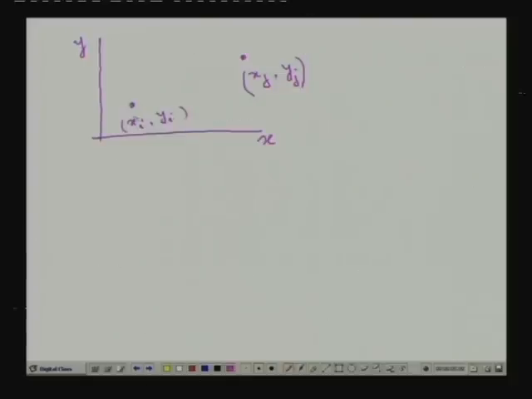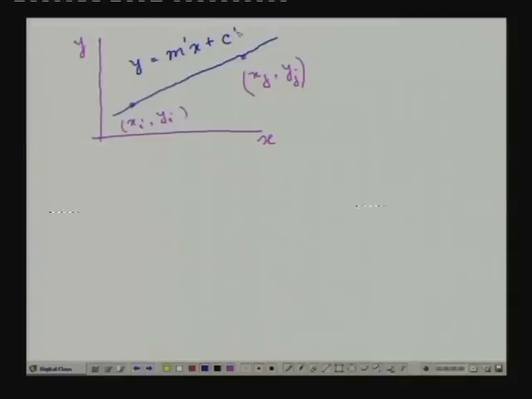Now, if I draw a straight line passing through these points x i y i and x j y j, we know that this straight line will have an equation of the form y equal to m dash x plus c dash.